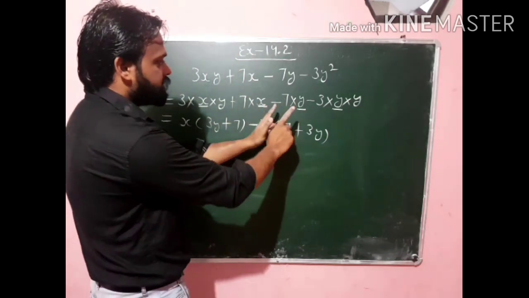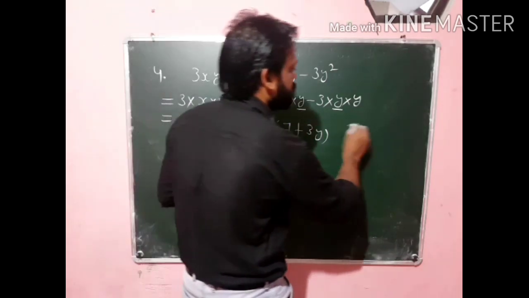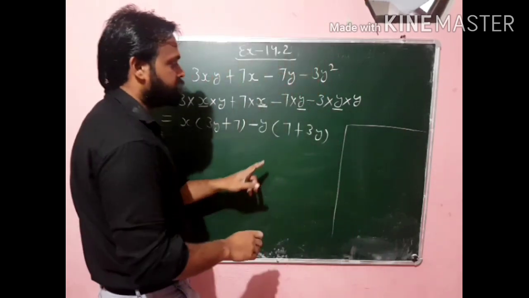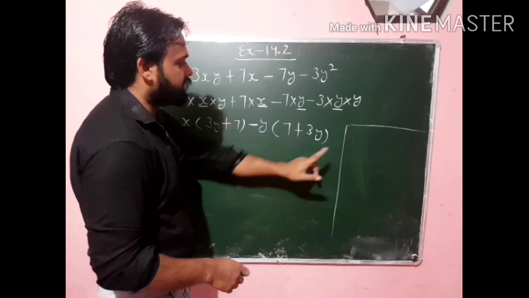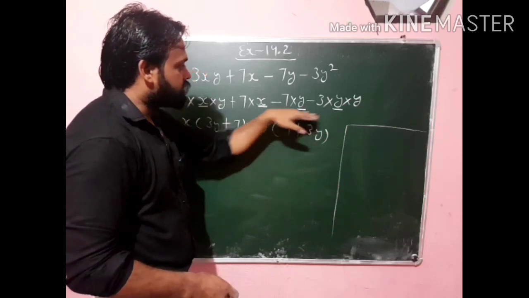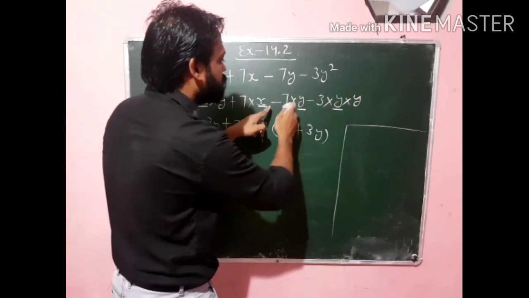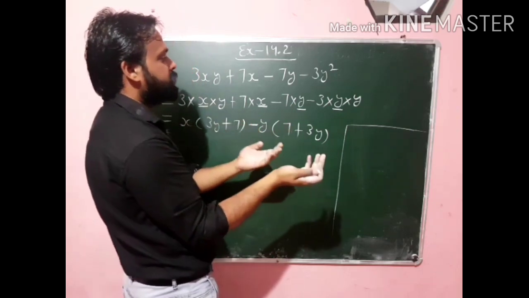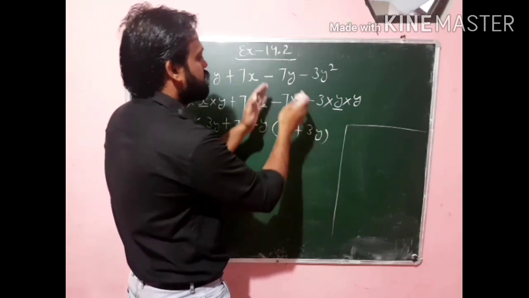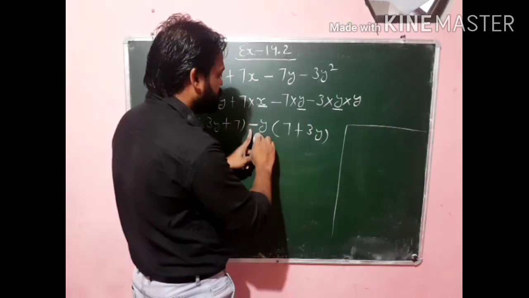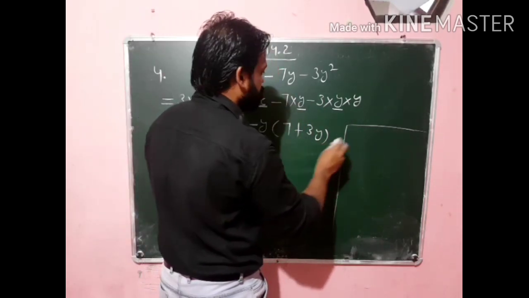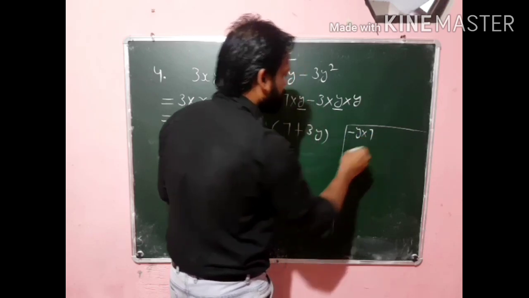Okay, you can also verify whether your steps are correct or not. How? You have to multiply this minus y inside the bracket here. Because minus is here, maybe some students got confused with it, so you can verify that your step is correct or not. You can multiply this minus with 7, so it will become minus y multiplied by 7.